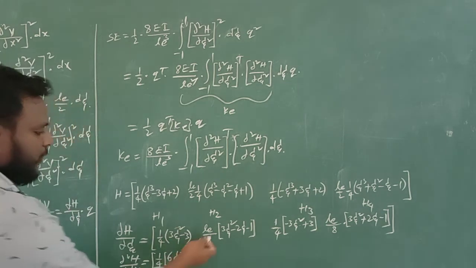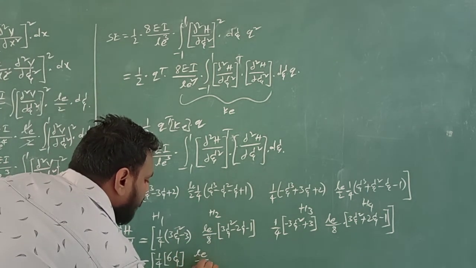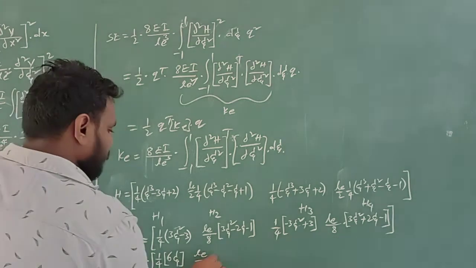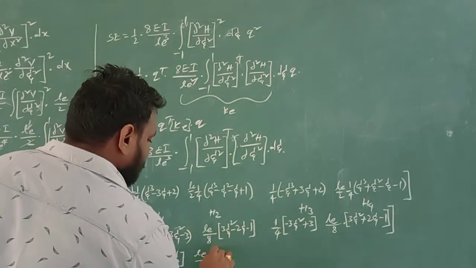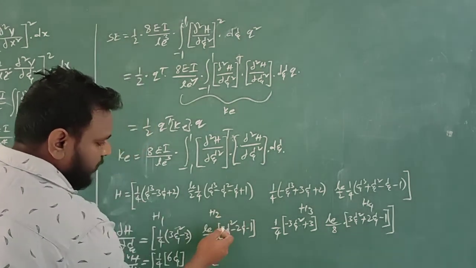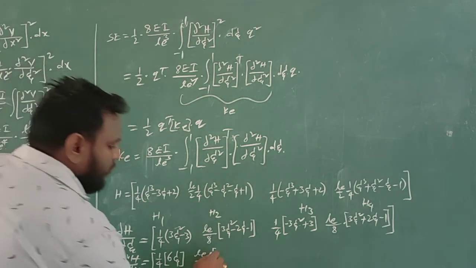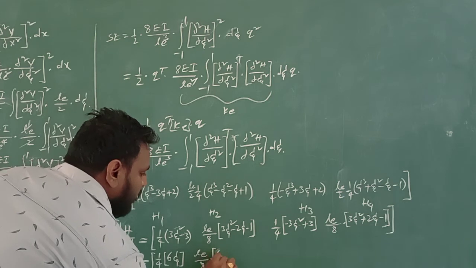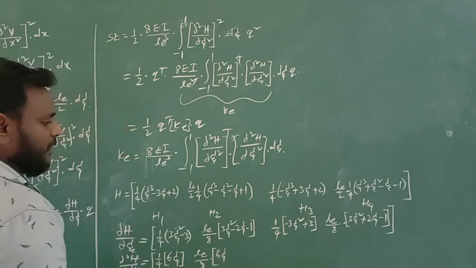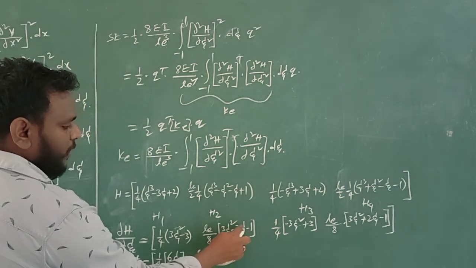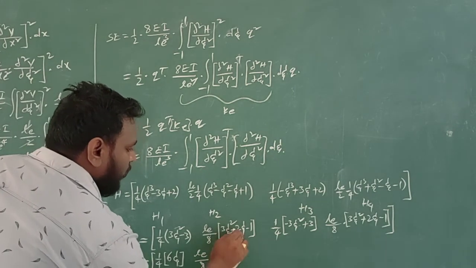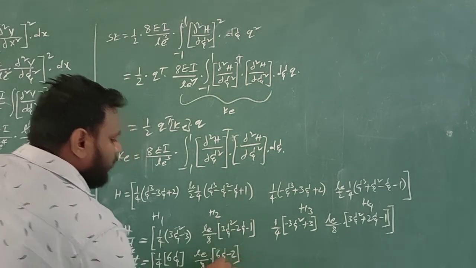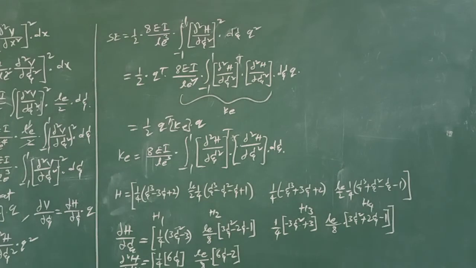Next, LE by 8 into, after differentiating this component, 3 into 2j, that is 6j, minus 2, that is 6j minus 2.